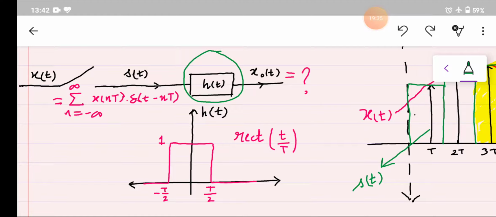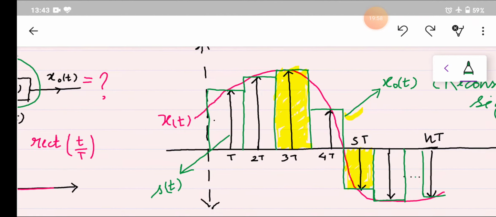So when xt passes through the sampler, we achieve st, which is an impulse train, but the length or height of the st is equal to our xt at each of the sampling instants. So in this way we have constructed the sampled signal using the black lines shown in the graph. Xt is our original signal.